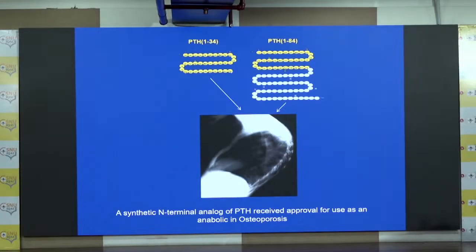And so what we did show then was that PTH 1 to 34 can be anabolic, PTH 1 to 84 can be anabolic, but if you just make the synthetic amino terminal molecule, this will be active.